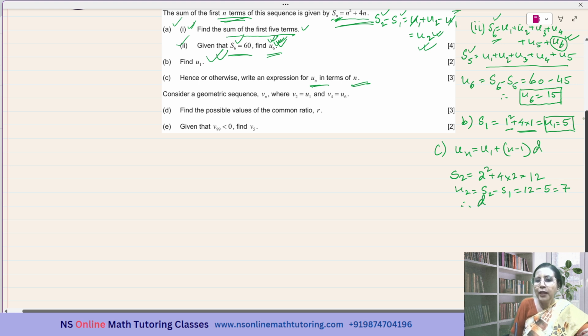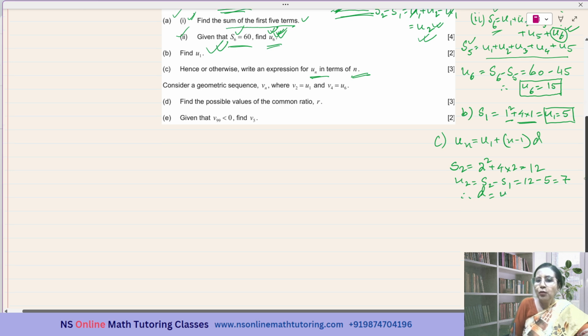Therefore, d is equal to U2 minus U1, which is 7 minus 5, equal to 2. So we have got the value of d.